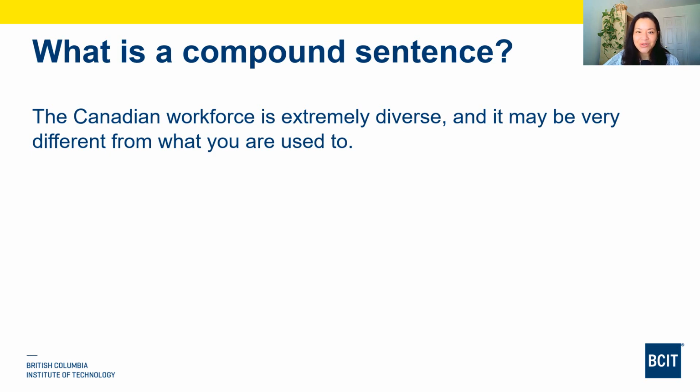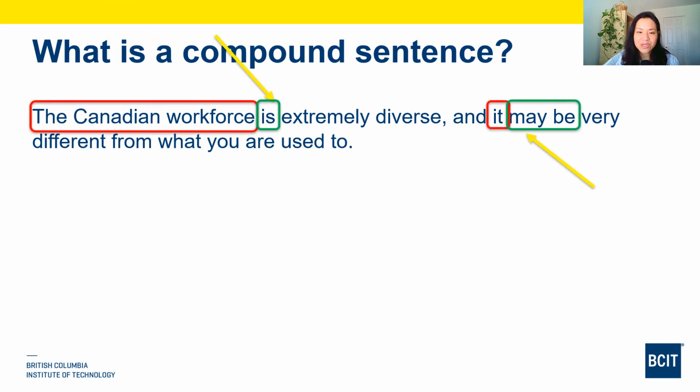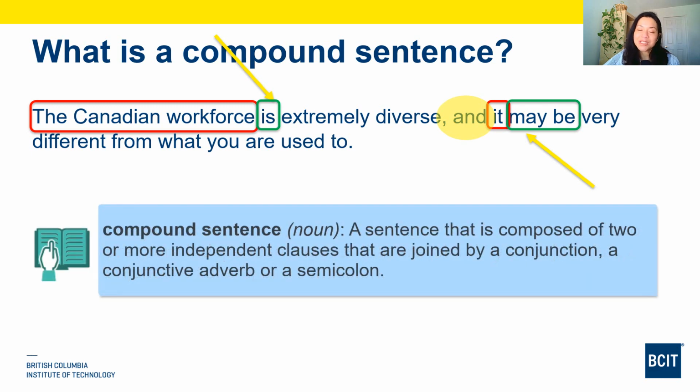Here are the two independent clauses, each with a subject and corresponding verb that agrees with the subject, and each one expressing one complete thought or idea. The clauses are joined by the word and, which is called a conjunction. So a compound sentence consists of two or more independent clauses or simple sentences joined together to make one longer sentence.